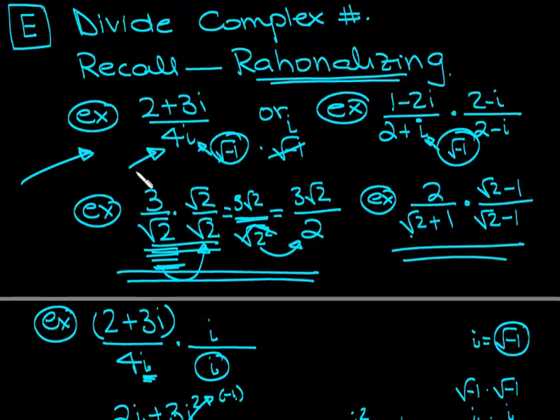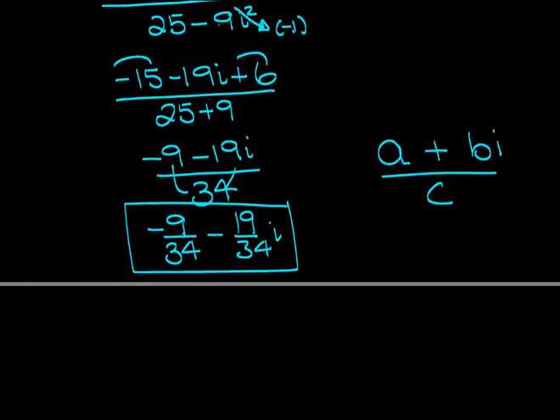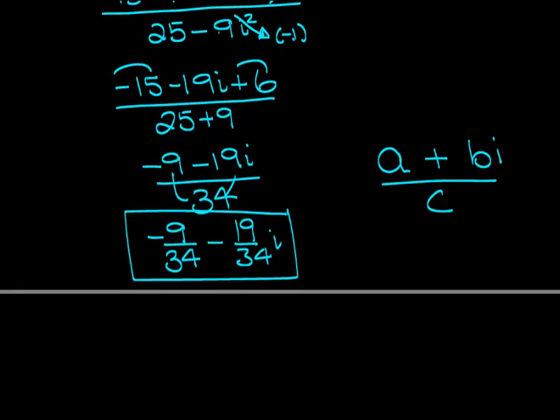That is just like rationalizing, because that's exactly what we did with radicals, because a complex number, in essence, i is in essence a radical. So whenever we have a complex number in the denominator, we have a radical in the denominator. So we want to get rid of that, and that process is called rationalizing. So that's what we did. I showed you some examples. Make sure you practice the problems so that you can master these concepts.